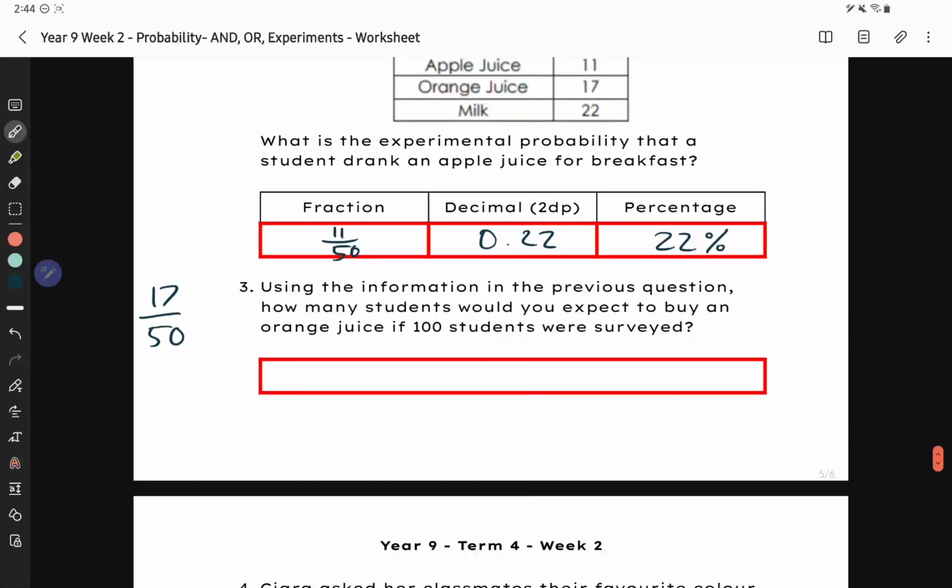But we are making a guess about if we asked 100 students, how many of them would have bought orange juice. So this is out of 50, but if we want it to be out of 100, we double that number. So it's not 17 out of 50. We would say 17 times 2, that's 34 out of 100, because that is the same as 34 over 100. So 34 students, boom.